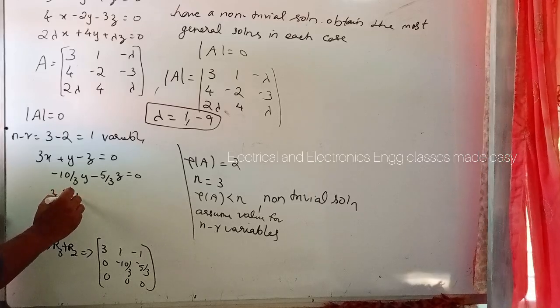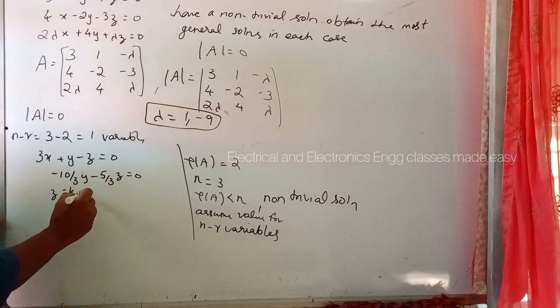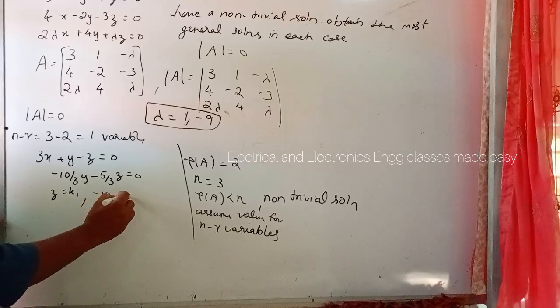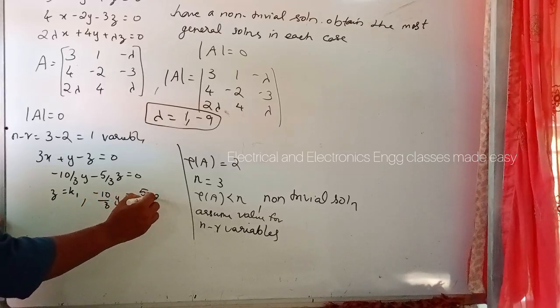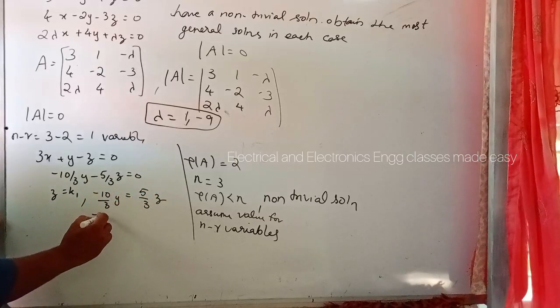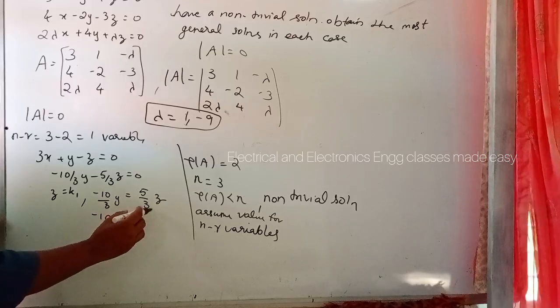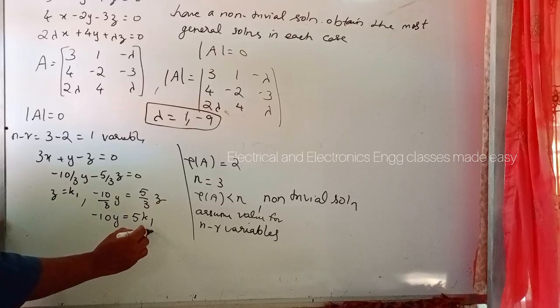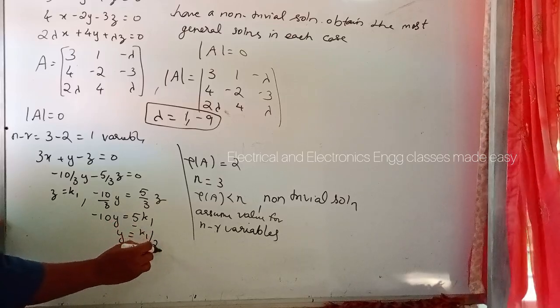z equal to k1. From this equation we can write minus 10 by 3y is equal to 5 by 3z, or we can write minus 10y is equal to 5k1, that is y is equal to minus k1 divided by 2.